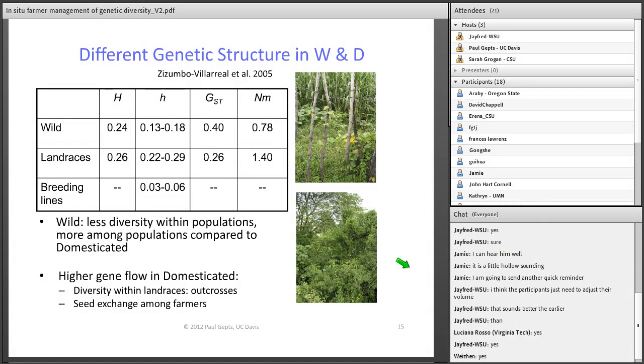So the question arose, why do they remain distinct in spite of the fact that they physically grow together? One could say, well, common bean is a predominantly selfing species, and therefore you have little gene flow. And what we see is that there is gene flow, but there is probably selection after the hybridization events for maintaining either the wild type or the domesticated type.